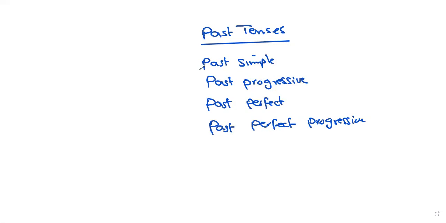Okay, so we have four tenses in the past. Today I'm going to talk about the past simple and past progressive. Let's start with the past simple.